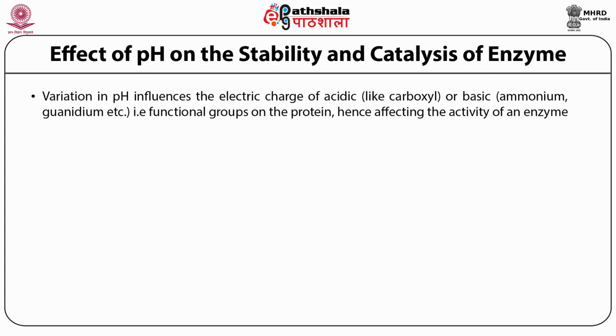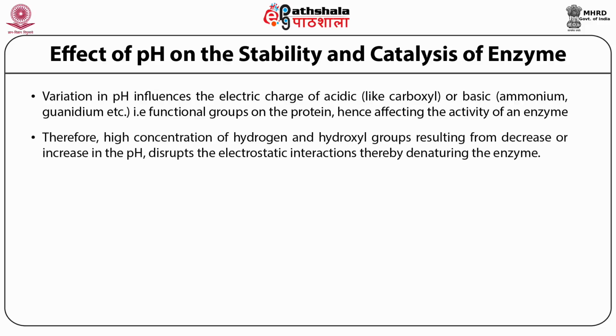Variation in pH influences the electric charge of acidic groups like carboxylic or basic groups like guanidinium or amino, etc., which influence functional groups in the active site of the protein and hence affect the activity of the enzyme.